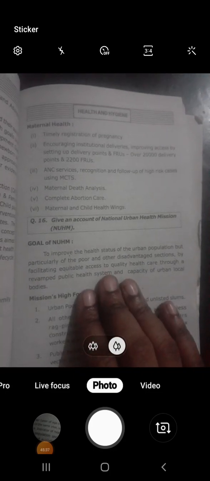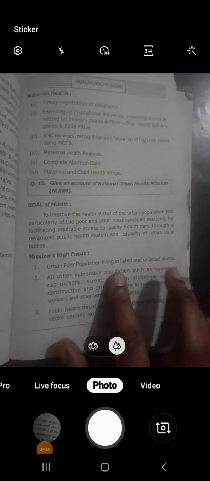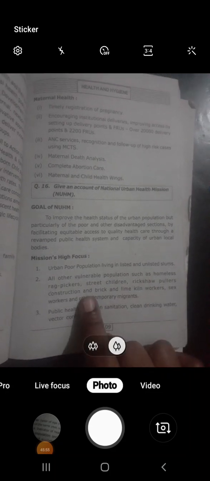And the next one is the National Urban Health Mission. The goal here is the urban population, particularly the poor and other disadvantaged sections. The mission has a high focus mainly on the population in listed and unlisted slums, and all other populations like the homeless, rag pickers, street children, rickshaw pullers, construction, brick and lime kiln workers, sex workers, and other permanent migrants.